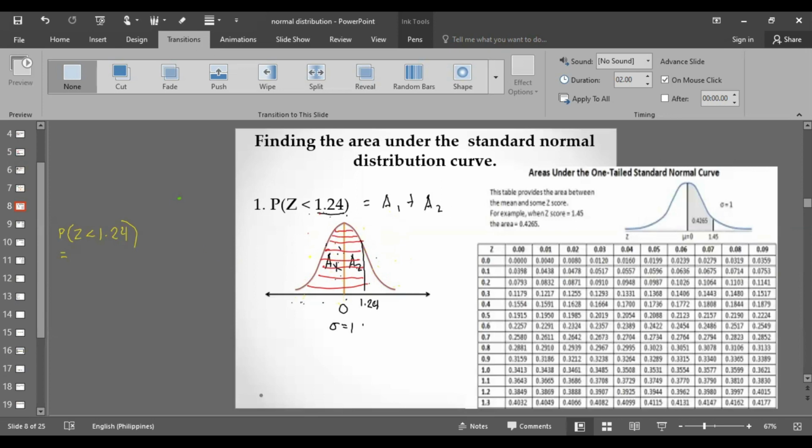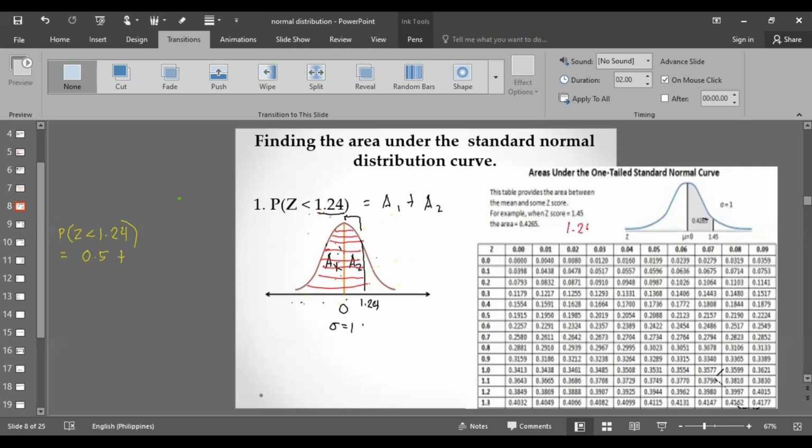Therefore, A sub 1 is 0.5. And we have to add it to A sub 2. So we have to find the area between 0 and the z-score, which is 1.24. Where can we find the area given the z-score? We have to use this table.